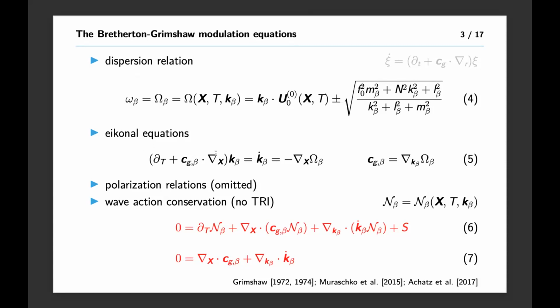Then we have the Hamilton equations, which describe the evolution of the wave numbers along the characteristic of the wave propagation. The polarization relations I don't show because they're too long. And then one thing I want to highlight in particular is that we use a wave action conservation, but not in a classical way, but in a 6-dimensional phase space way.